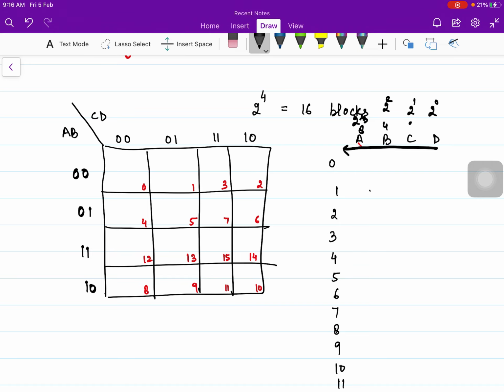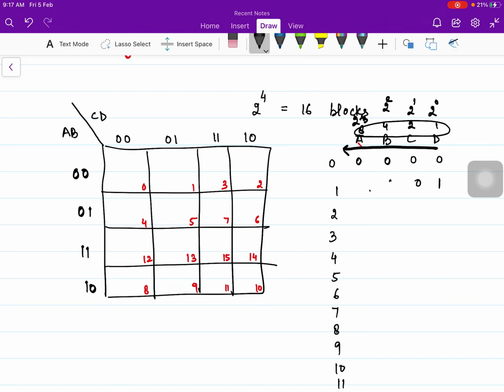So it becomes 8, 4, 2 and 1. For writing 0, you need to write 0, 0, 0, 0. That means you don't have to place any 1 under 8421. For writing 1, you have to place 1 under 1. Use this set 8421.